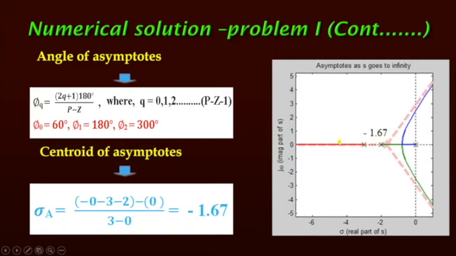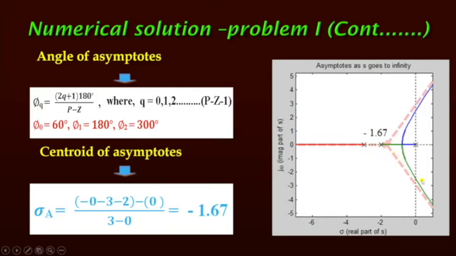So this is another asymptote. This asymptote angle is 60 degrees and this is another, the asymptote angle is 180 degrees. And then the third asymptote using this 300 angle. So 300 angle from this side to this side, this is 300.